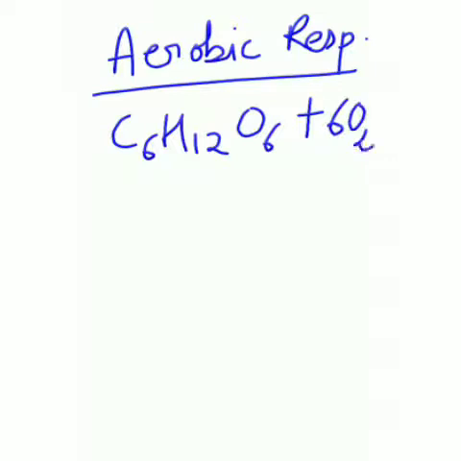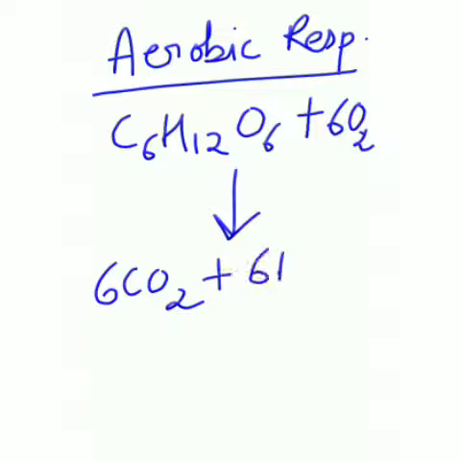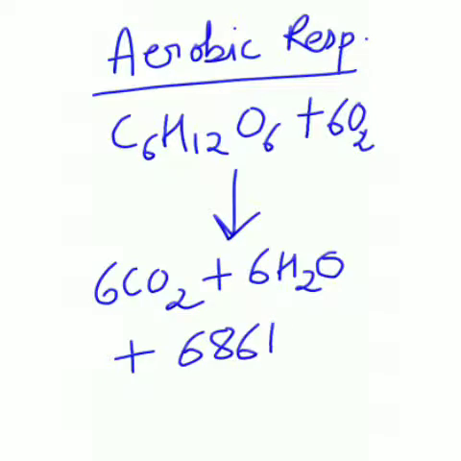So this is the chemical equation where it gives 6 molecules of carbon dioxide, water, and if we see in case of energy, then it produces 686 kilocalorie per mole energy.